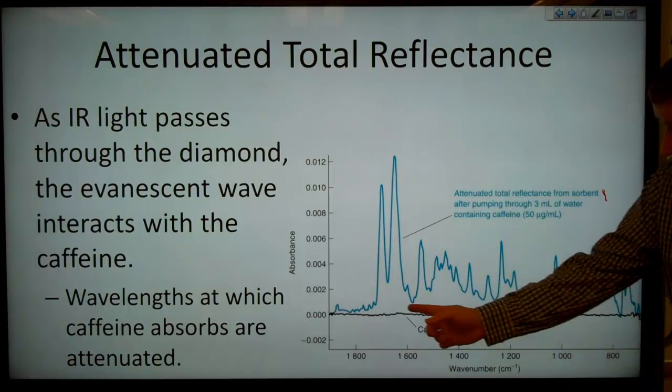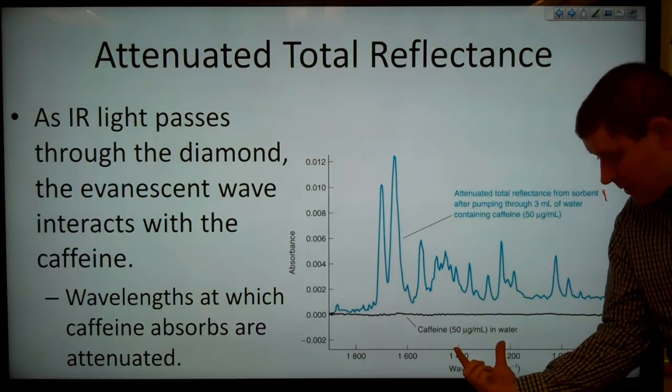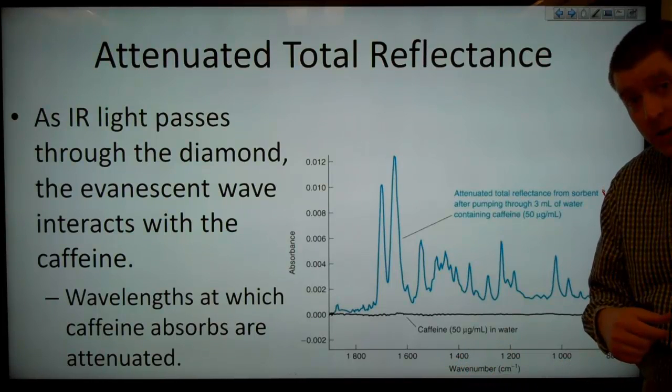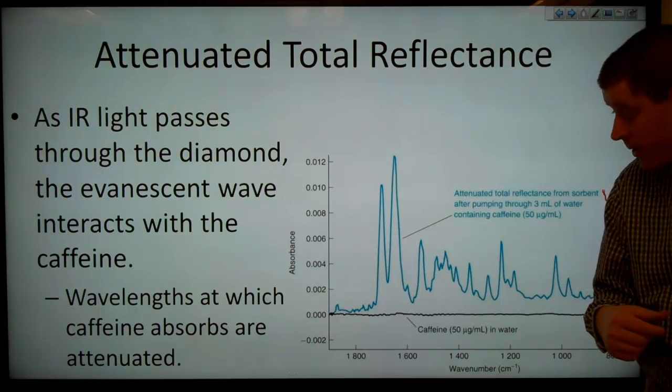And so you can see here, the black trace there is 50 micrograms per milliliter of caffeine in water, analyzed using infrared spectrophotometry.